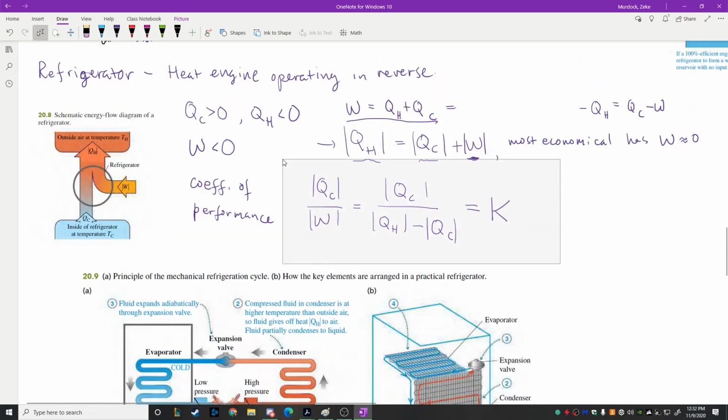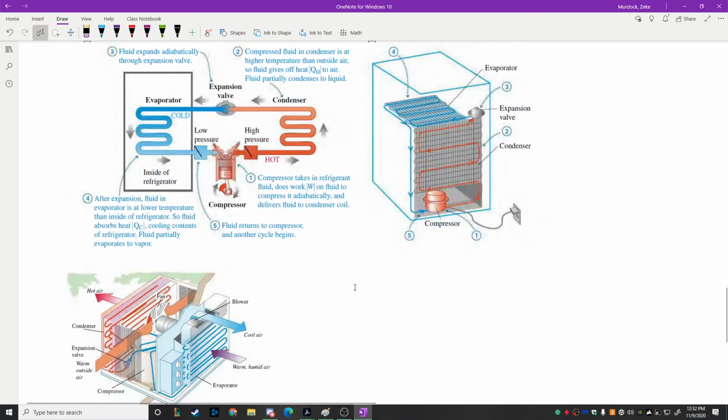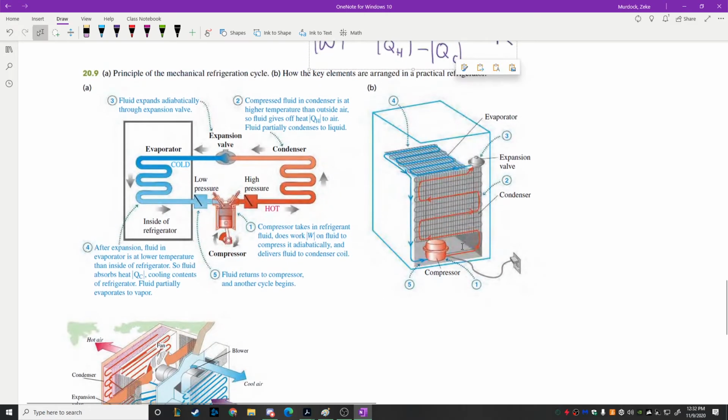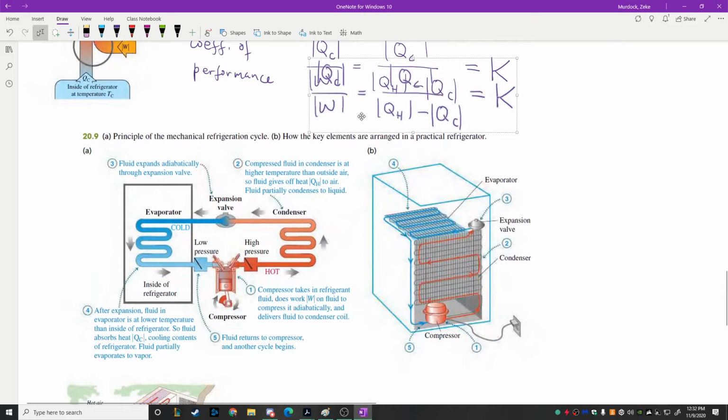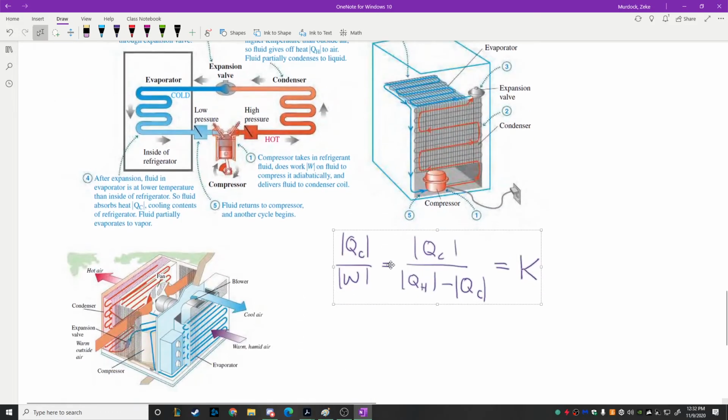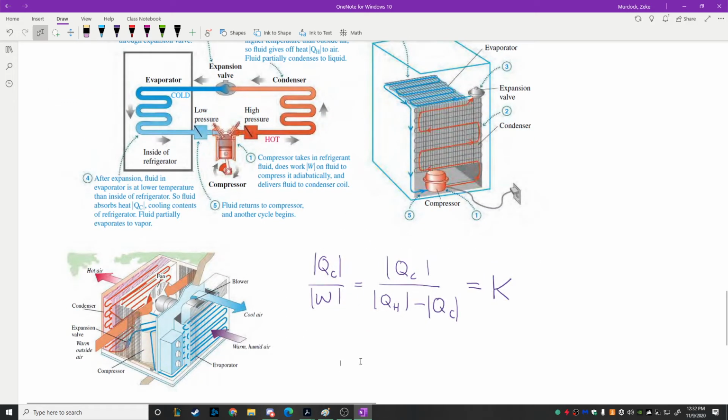So in terms of this quantity right here, let's recopy it down here. The book mentions the following. You can think about what this performance coefficient is in the following sense.